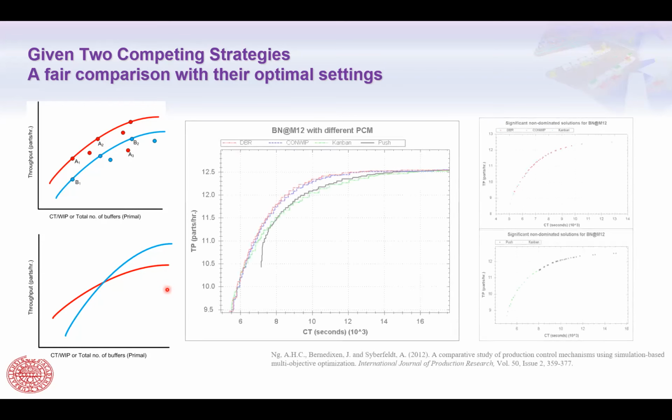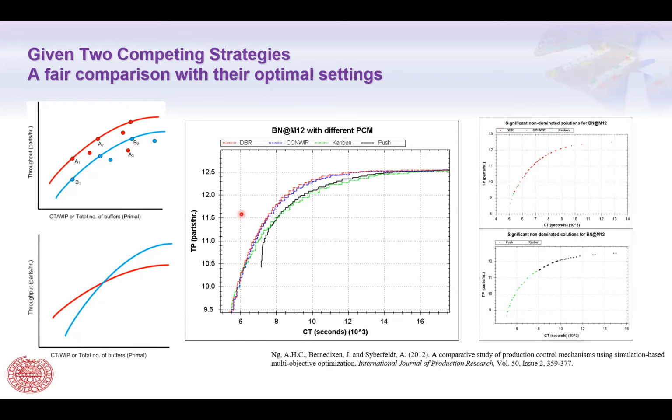Let me give you a practical production or supply chain problem. If we have a system that uses Kanban, let's combine Kanban and the factory physics concept of constant work in process, and also push. We talk about push, and Kanban is a typical pull mechanism.